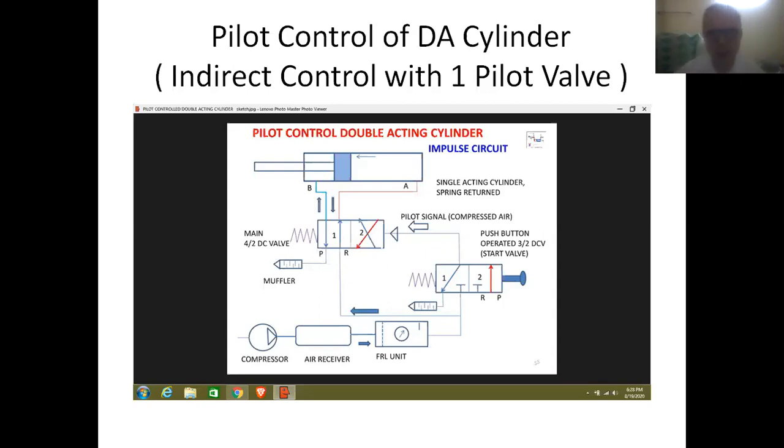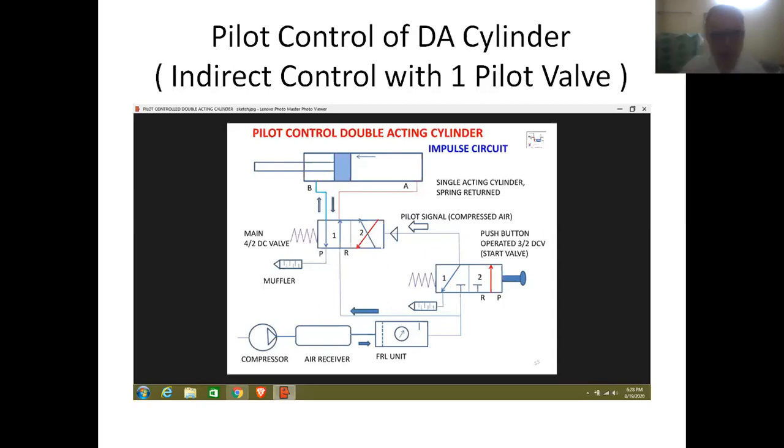So friends, this pilot valve is used for sending high pressure fluid for operating the element of the DC valve. When the valve is in first position, it will be sending high pressure fluid into the DC valve.